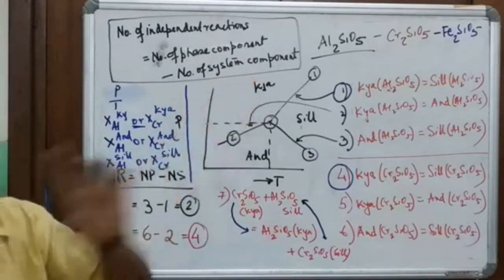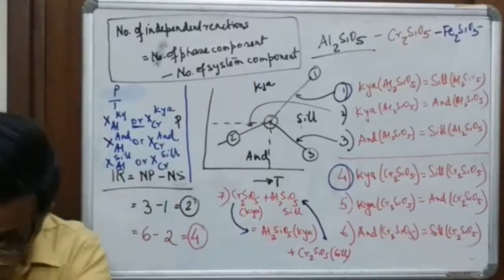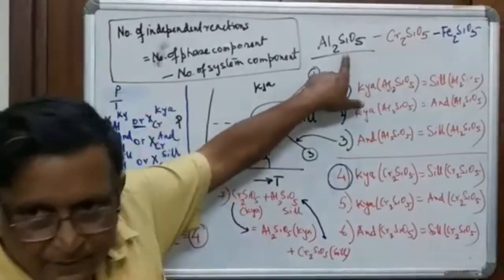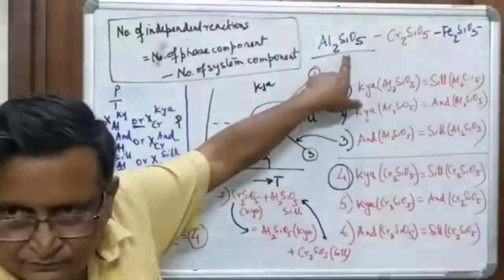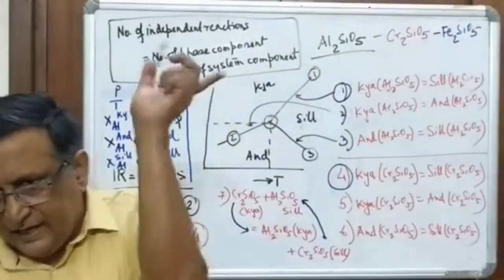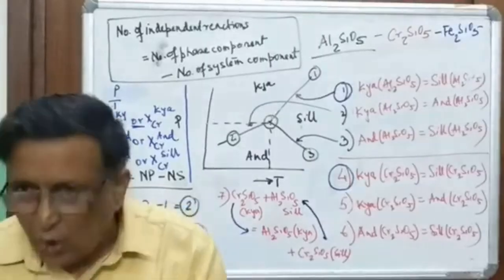How many phase components are there? I will give you the hint. You do it with a pen and paper. How many phase components? 3 here for kyanite. X chromium plus X aluminium plus X iron is equal to 1. Similarly for all.